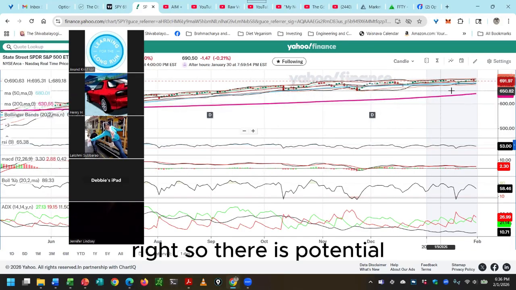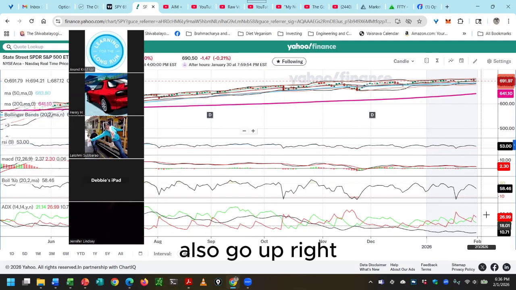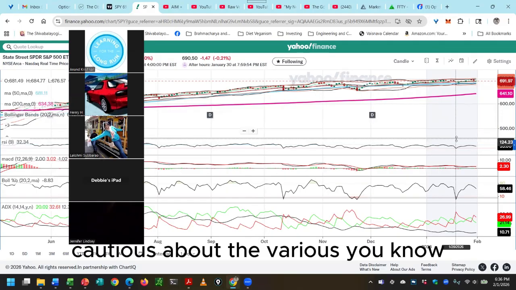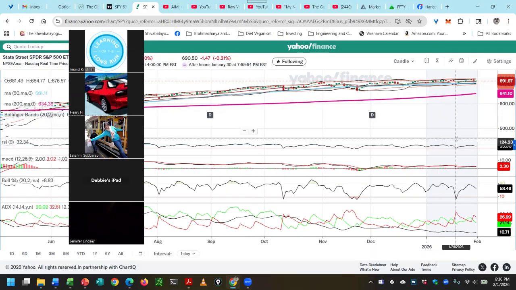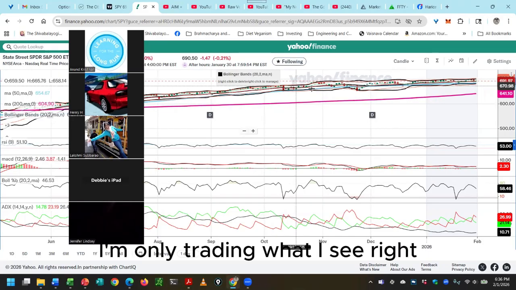So there is potential for this thing to go back up and for this to also go up. At the moment, I'm cautious about the various things happening in the market, but again, I'm only trading what I see.